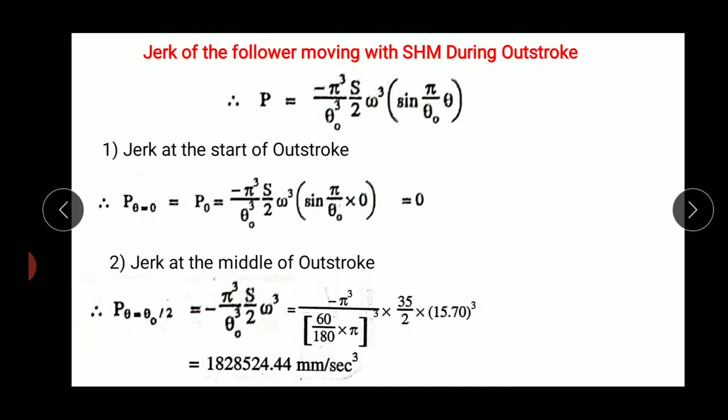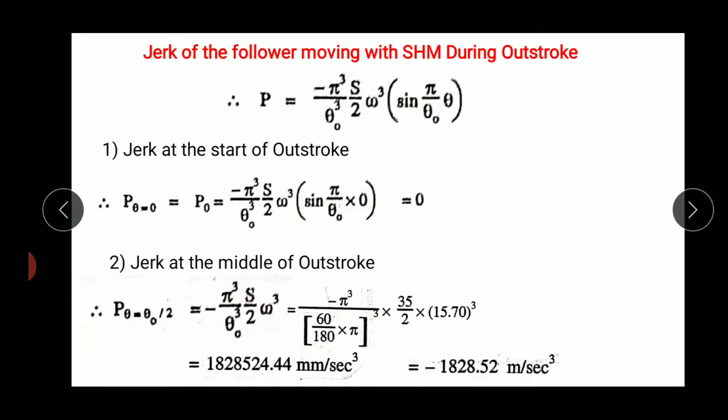Its value comes as this much mm per second converted into meter per second. So it is 1828.52 meter per second cube. It is meter per second cube, as it is the third differentiation of displacement with respect to time.